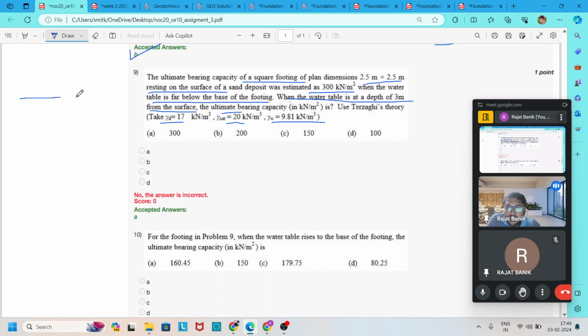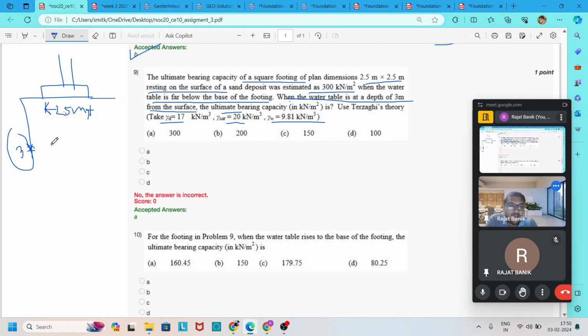So we first draw the diagram: a square footing resting on the ground surface. Like this, our foundation, and the foundation width is 2.5 meter, and the water table is at 3 meter below the ground surface. So we can directly see that the depth of the water table is greater than the width of the foundation.